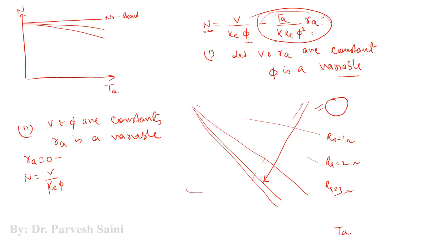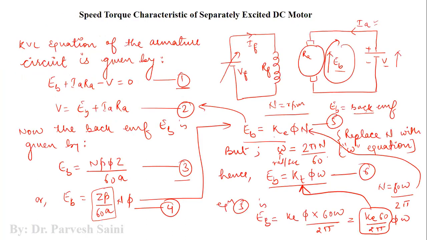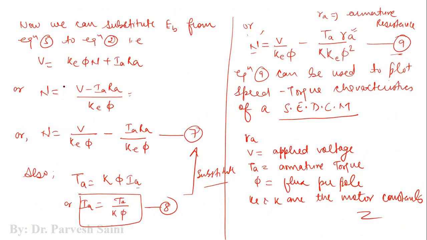So this is how we can draw the speed torque characteristics. In this lecture we have understood how we can get the speed torque characteristic of a separately excited DC motor. First of all, we derived the relationship between the speed and the torque, and on the basis of that we got equation 9.